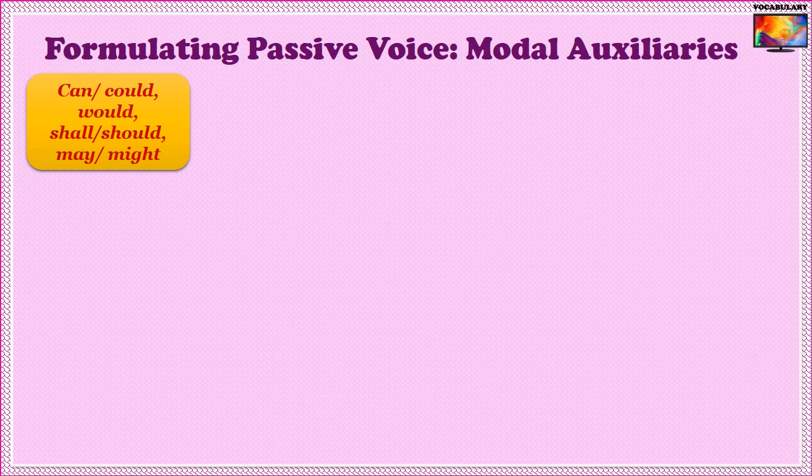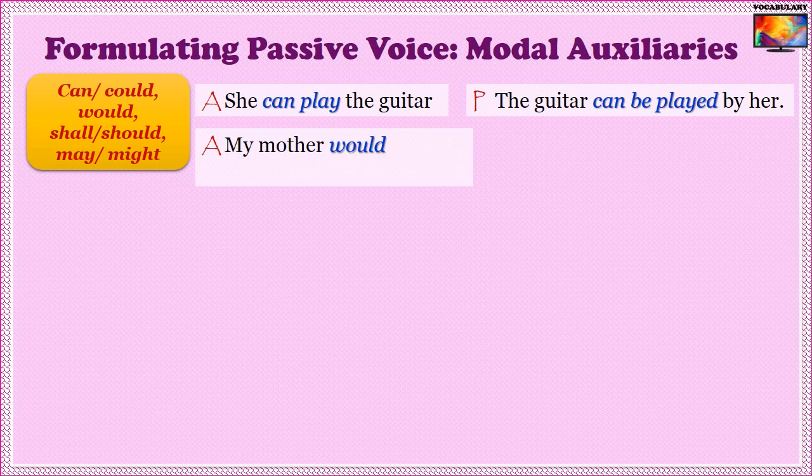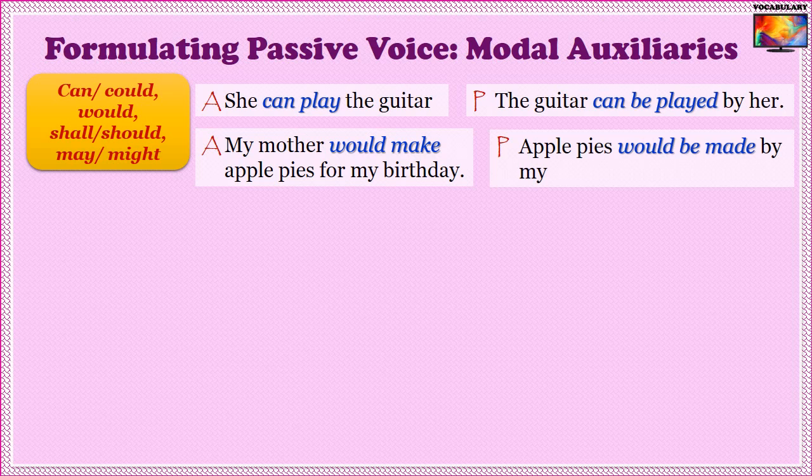Some examples are: she can play the guitar. The guitar can be played by her. My mother would make apple pies for my birthday. Apple pies would be made by my mother for my birthday. We just insert be between the modal and the past participle form of the verb to form the passive.